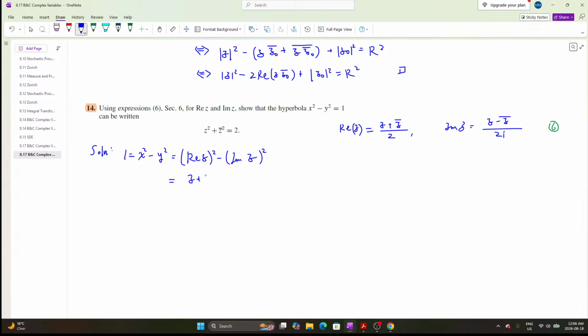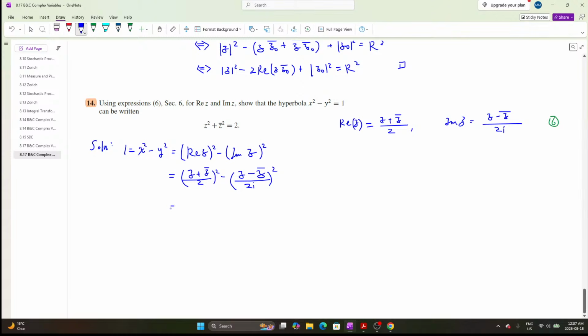So that's z plus z bar over 2 quantity squared minus z bar over 2i quantity squared. Okay, let's keep expanding. You get 1/4 of z squared plus 2z z bar plus z bar quantity squared minus z squared plus 2z z bar minus z bar squared.